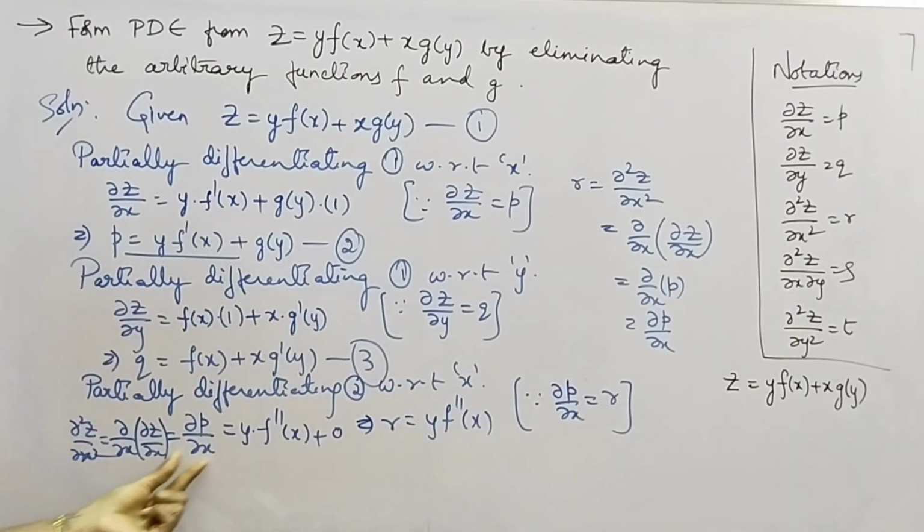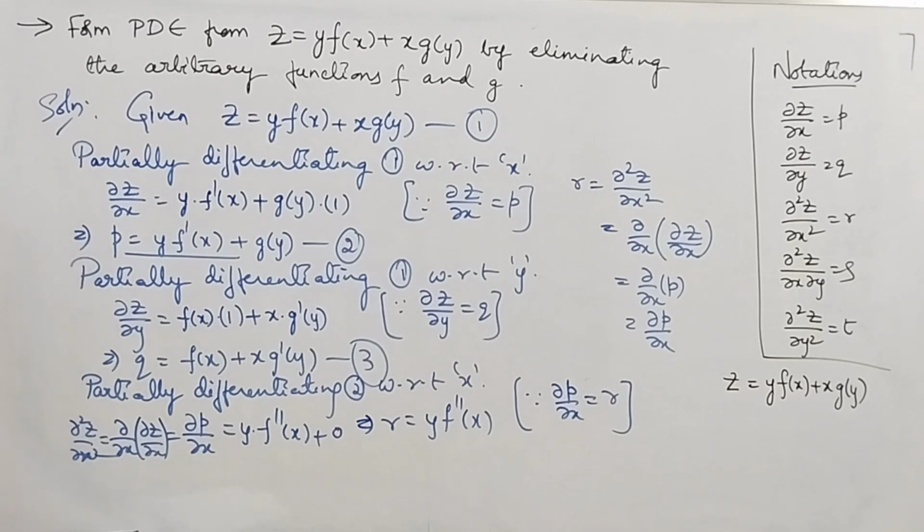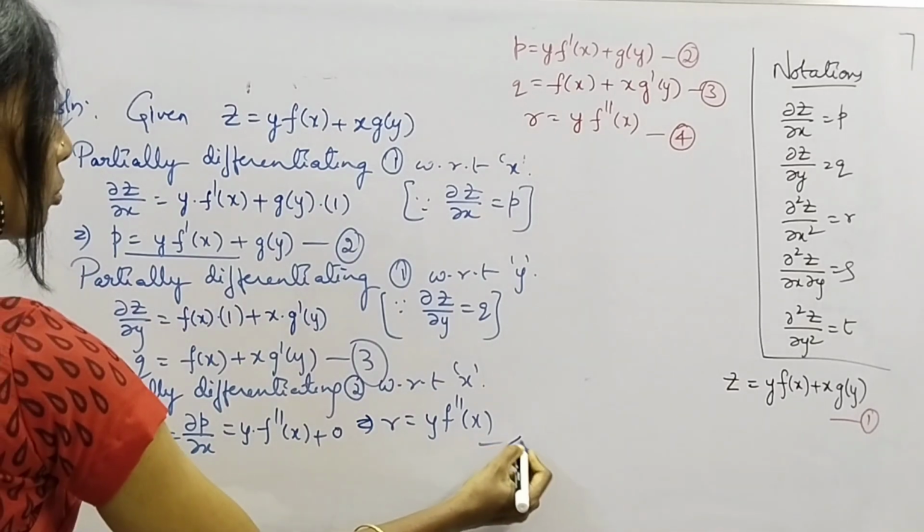This term, this term or this term can be replaced by r, since all these three are nothing but r. So we'll get r equal to y into f double dash of x. Fine. Now we need to find t and s. Let's see that. Consider this equation as equation number 4.